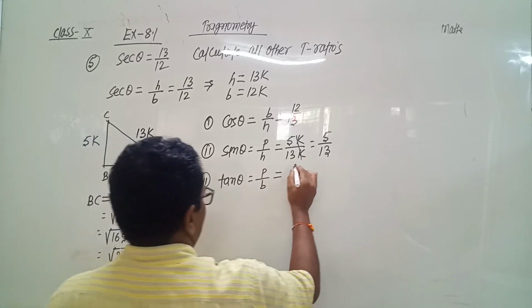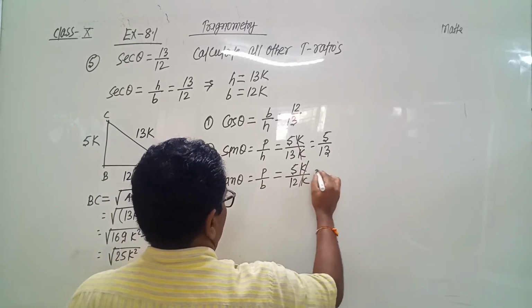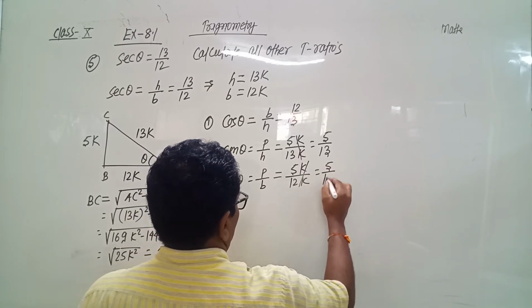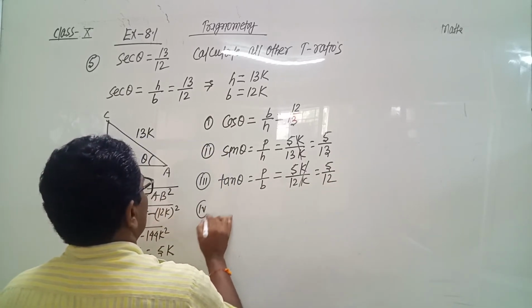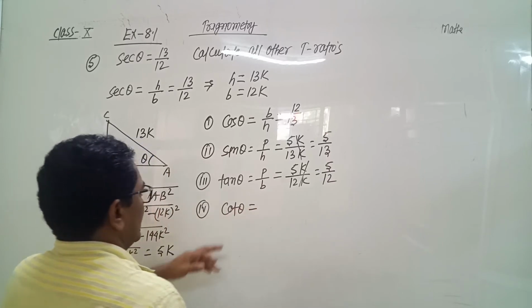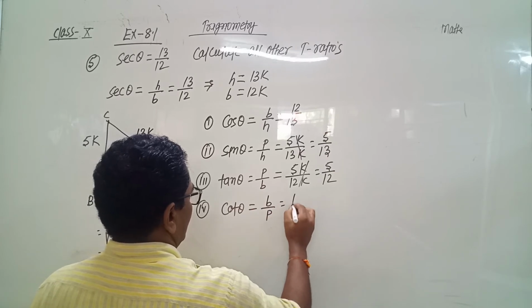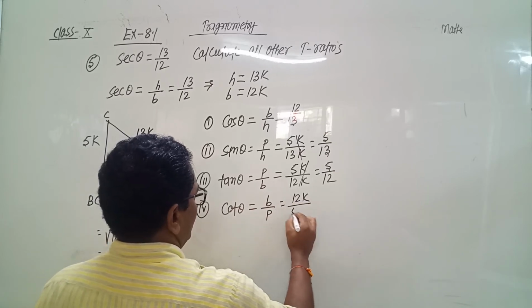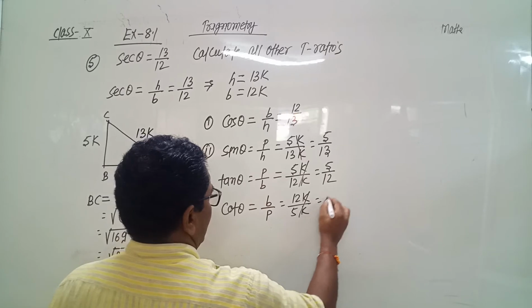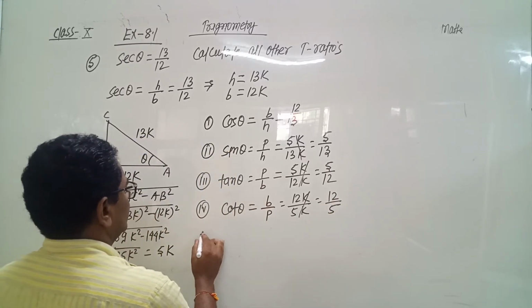Perpendicular is 5k, base is 12k, and we get 5 by 12. Then cot theta. Cot theta is the reciprocal of tan theta, meaning base upon perpendicular. So 12k upon 5k and it gets 12 by 5. Cosec theta.